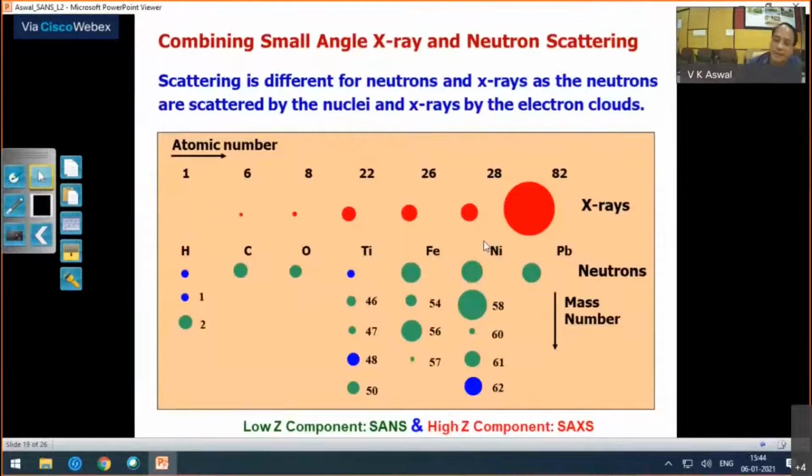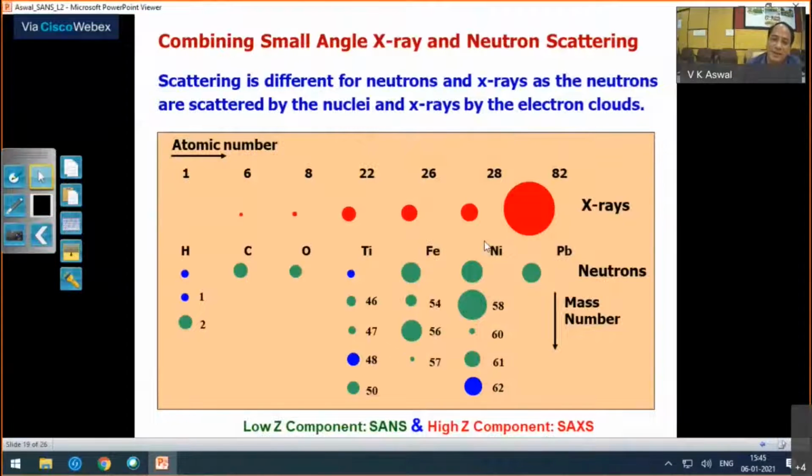So far I talked about 3 different contrast variation techniques using neutrons alone, which is isotope contrast variation, then spin, and then. But you can always use neutron with X-rays, because as I said, these 2 techniques in principle are very complementary. Neutron and X-ray sources are at the same place.